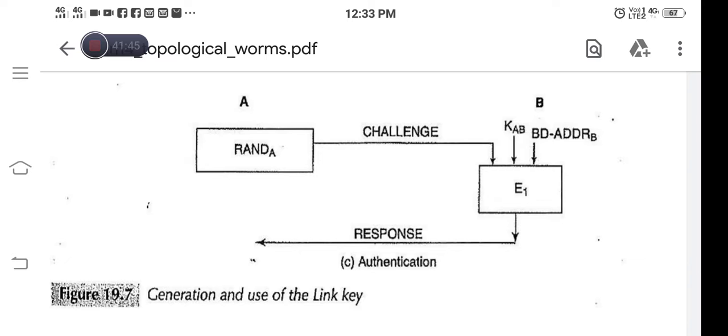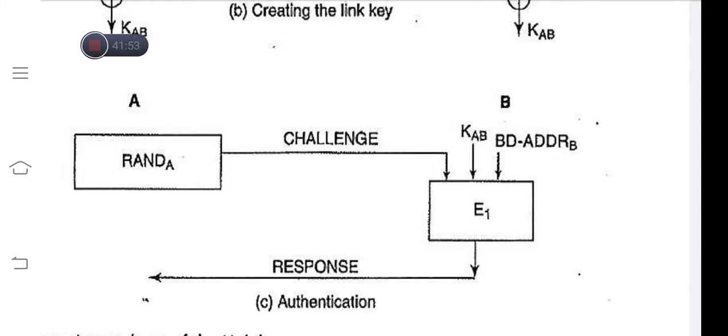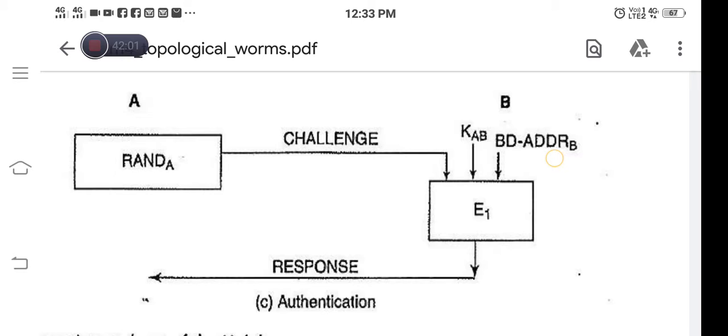Now B has to send the response to A for the challenge it has received. At device B, the encryption of three values will take place: the challenge received from A, the link key KAB, and its Bluetooth device address B. These three values will be encrypted and the response sent to A. In the diagram we do not have any further process, but in general it is understood that at A the response will be decrypted, retrieving the challenge that was encrypted at B. That challenge is then compared with the challenge sent from A. If both are the same, then authentication is completed.